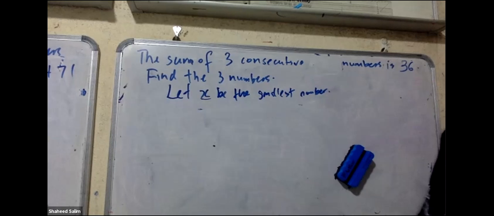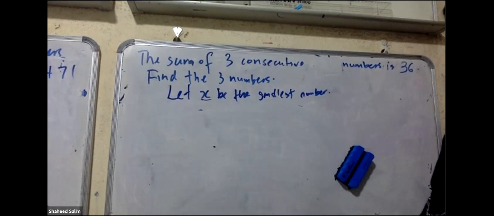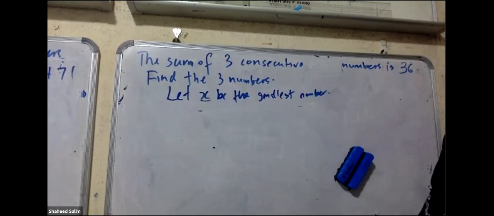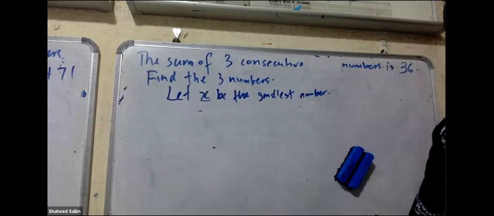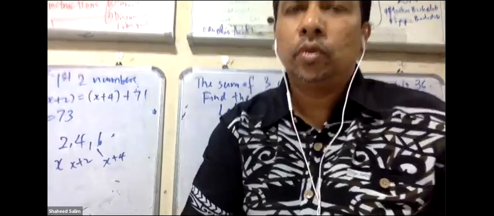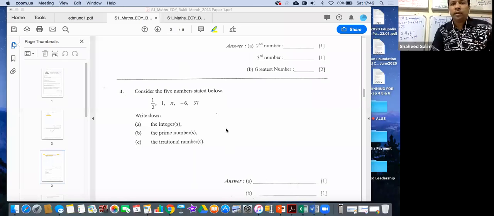You can write down, okay? 11, 12, 13. Well done. Congratulations. Easy or not? So that is how we do it: we write an equation and we solve it.